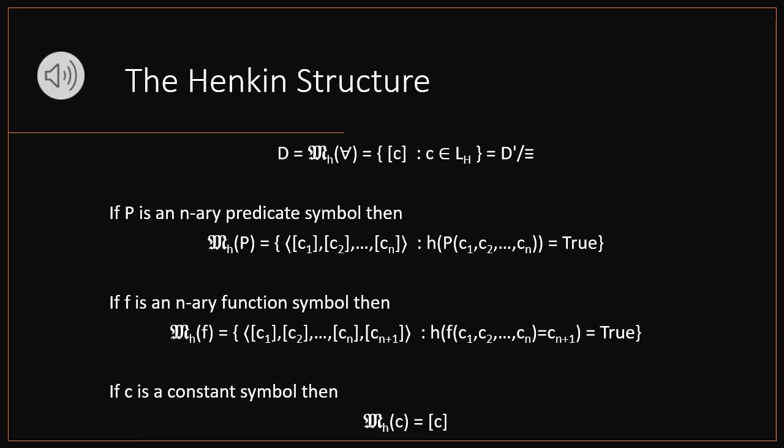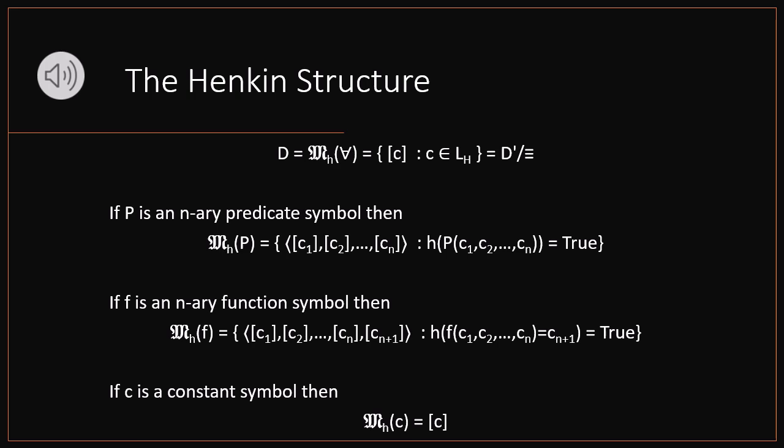Now, typically in a lot of mathematics classes where you use this notion of equivalence relation, you call this the quotient, and you're quotienting out by this equivalence relation. And that's the notation there on the right-hand side of this D prime with the slash and then the relation. But from here on out, we'll just call this collection D, and it's just the collection of all possible equivalence classes where C is one of these constants in this expanded Henkin language.